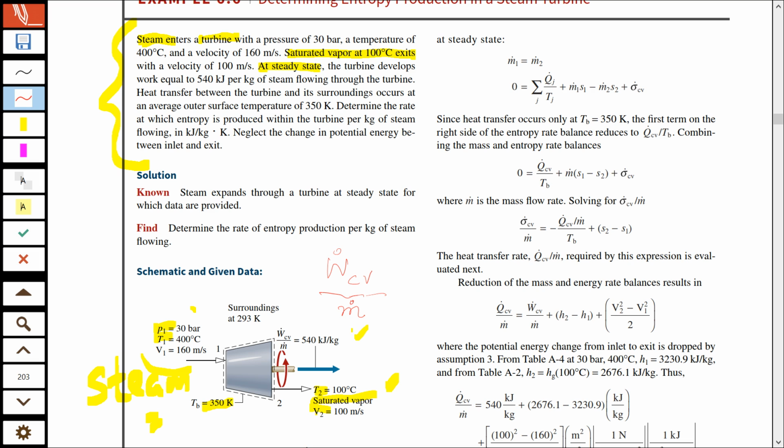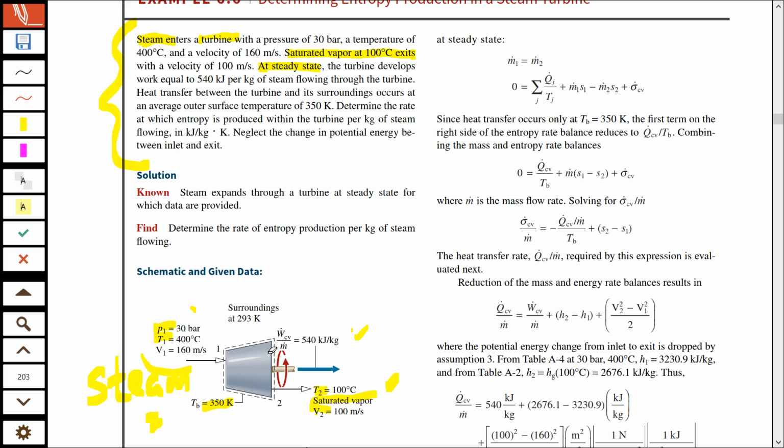But if you divide this by m dot, because of these two dots, the result is now work developed per unit mass. You can also call it specific work. But specific work is not a good terminology because the adjective specific is used for properties. Work is not a property. So it's better to say work developed per unit mass.